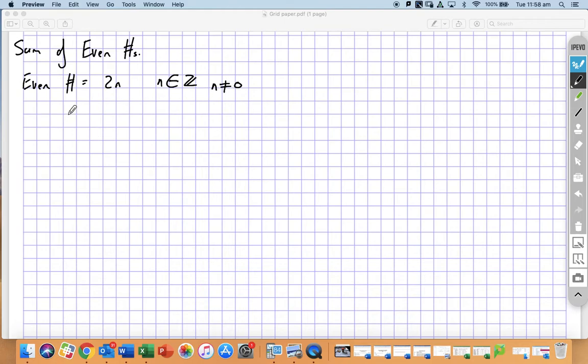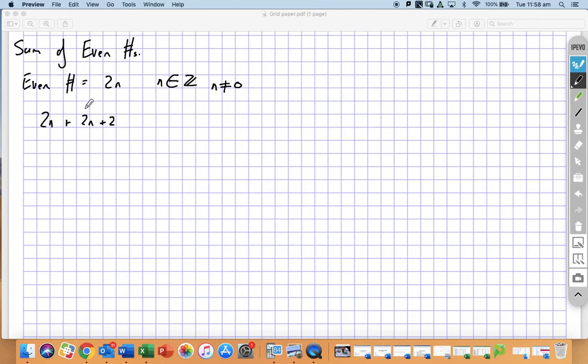Then I need to sum two of them. I think we'll make the second one a consecutive even number. If the n values were the same, we'd be summing the number with itself, which we don't want.